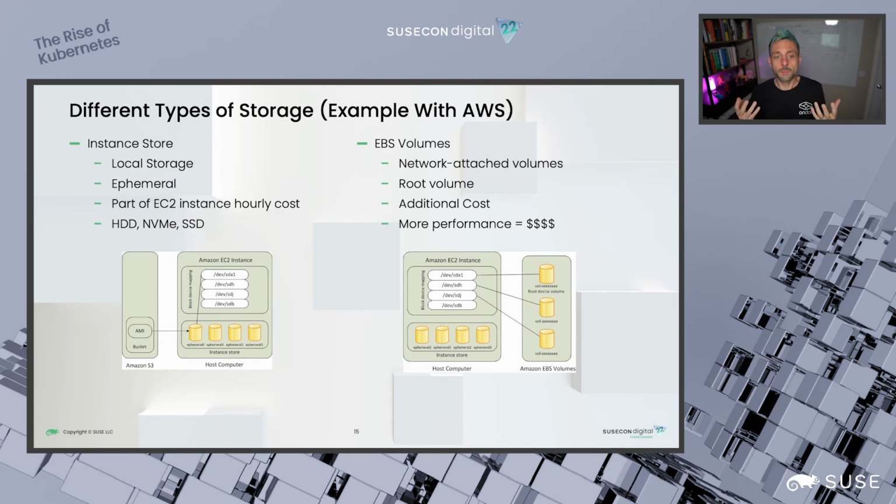But if you think about it, data services in Kubernetes, in particular synchronous replication, can help using instance store, right? Because of course you need safeguards to avoid a Kubernetes node being shut down and rebooted.